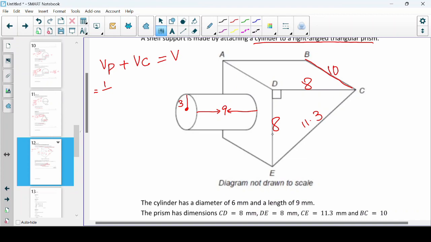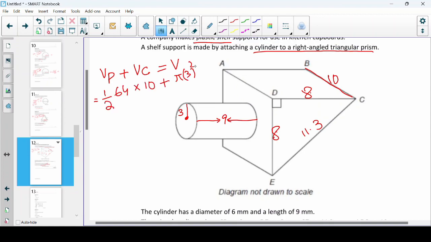The volume of the cylinder is the area of the base, pi times 3 squared, times the height 9. If we solve this, we multiply by 500, because there are 500 in one pack. That gives 87,234.5.